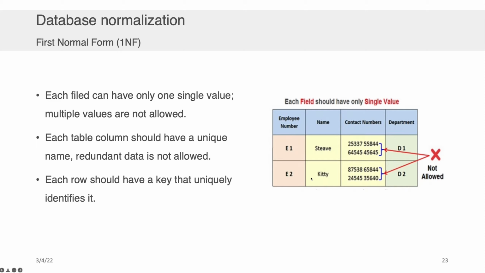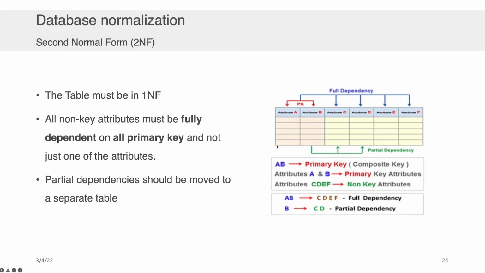You shouldn't have a name of, in this case, Steve and Kitty. You shouldn't have another one that's called full name with Steve and Kitty, and so on. And each row should have a key that uniquely identifies it. So you wouldn't want to have, in a table like this, E1 show up again if you were using this as the key for the table. Okay, so that's first normal form.